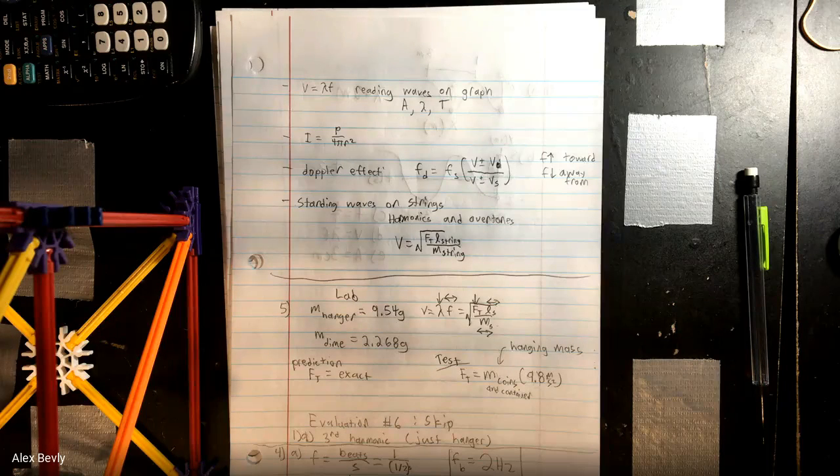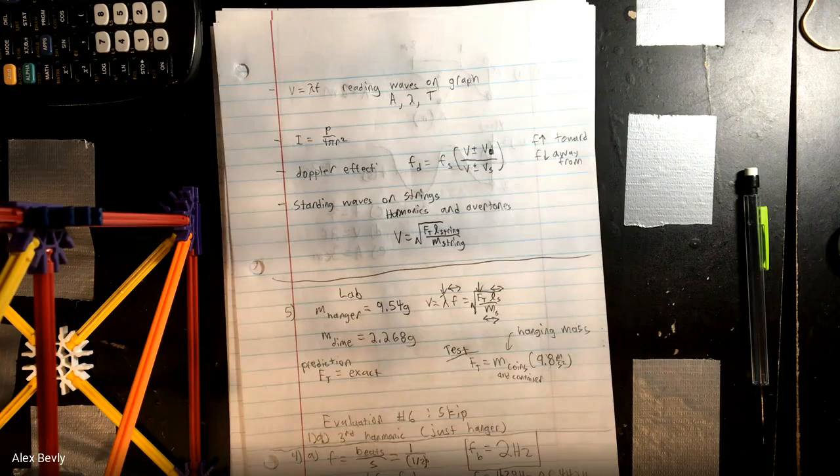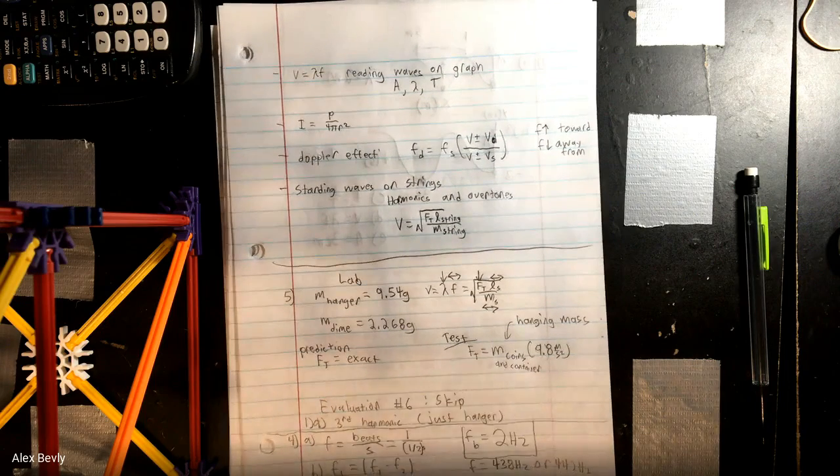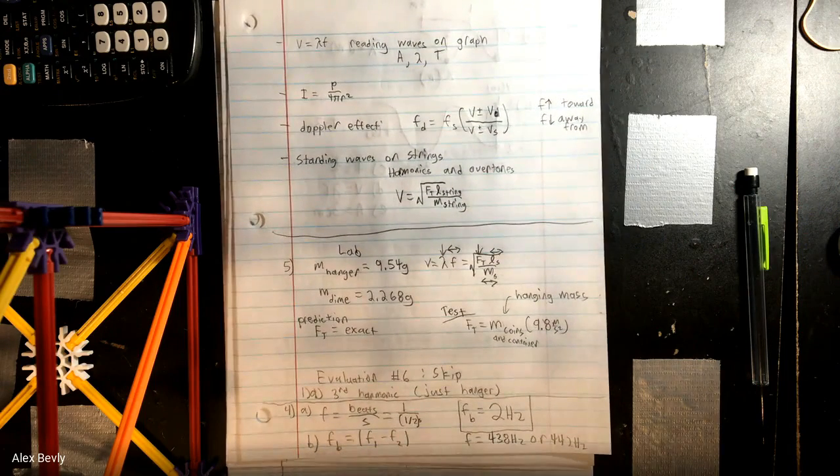If you did the work on the prediction for the amount of coins, then that's your prediction, and then you'll write what we actually hung, how many coins I actually had when I sat there. I think for the first one it was like 19 nickels, or 18 nickels. That's the actual, where you just add up the mass of all the coins and the container and multiply that by 9.8.